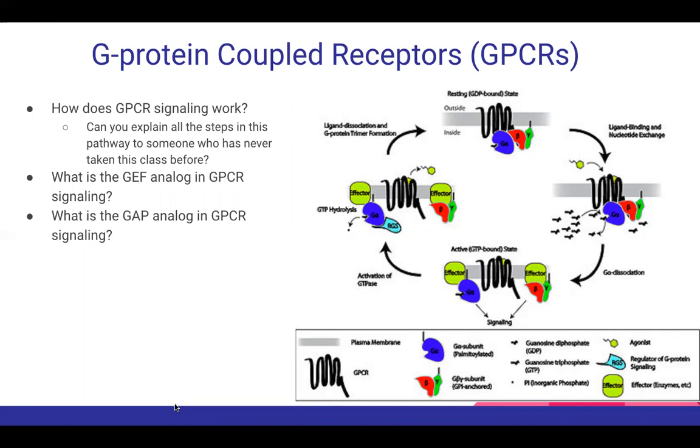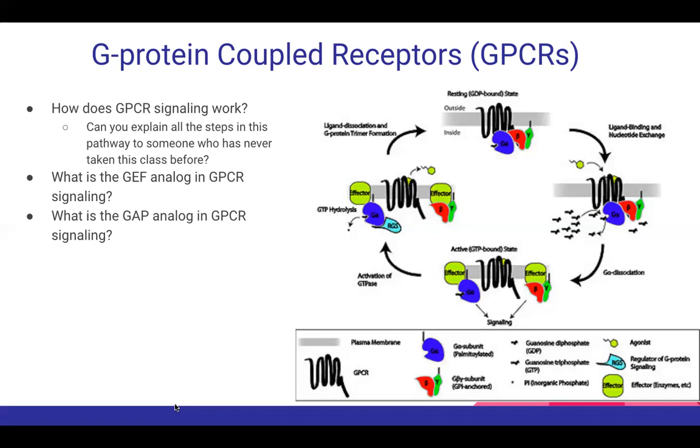So in the inactive state, the GPCR is bound to the G protein and the G alpha has GDP attached to it. When a ligand comes in to bind to the GPCR, that causes the G alpha to let go of its GDP. And then, because there is a lot of GTP around in the cell, GTP can easily diffuse into that now open binding spot of G alpha.